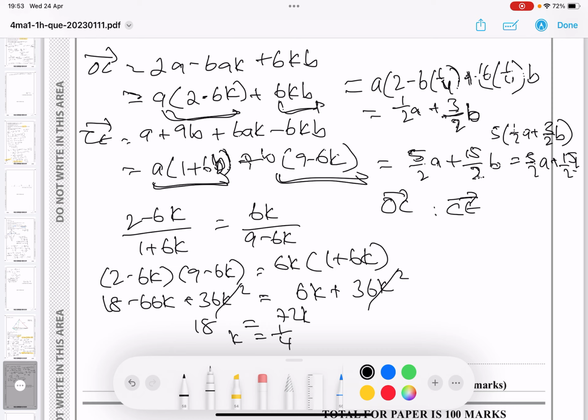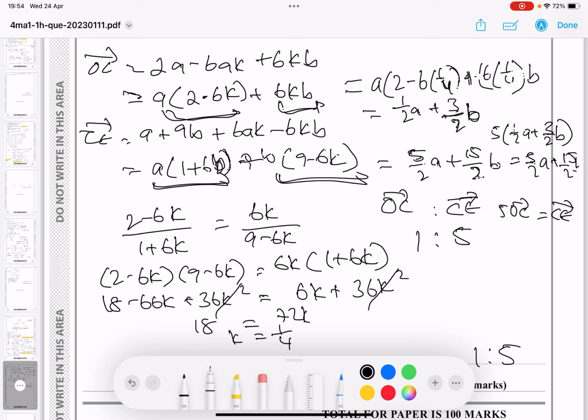So that means that the ratio of OC to CE is 1 to 5, because 5 times OC gives you CE. So the ratio of OC to CE is 1 to 5.